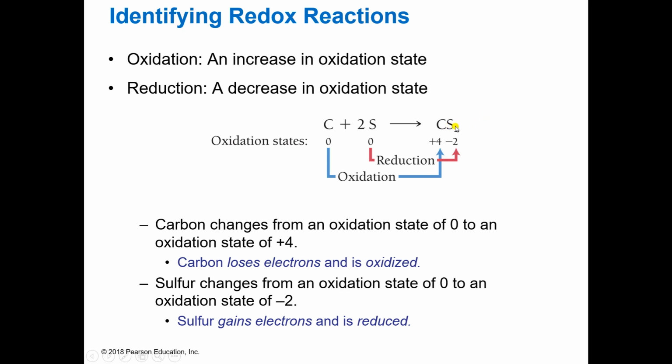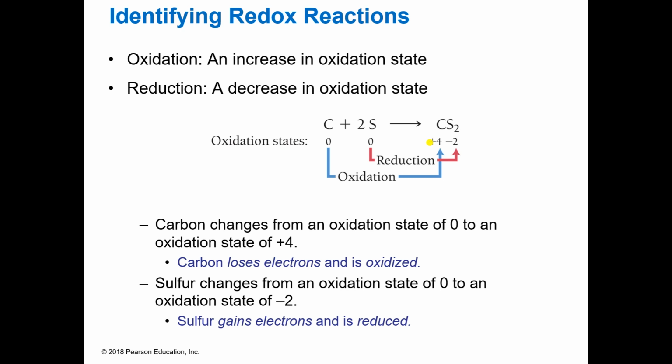And there are 2 of them, so -2 times 2 is -4. X plus -4 must equal 0, so the only choice the carbon could be is +4. So it goes from 0 to +4. That is a loss of negativeness, a loss of electrons, 4 of them specifically. Therefore, it's the carbon that is oxidized, and therefore the reducing agent.